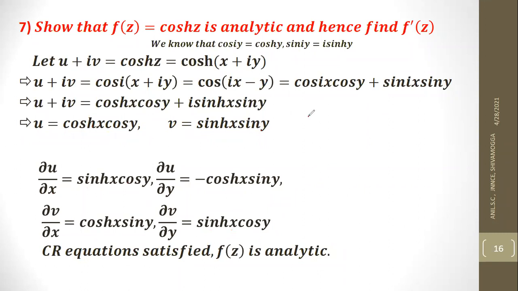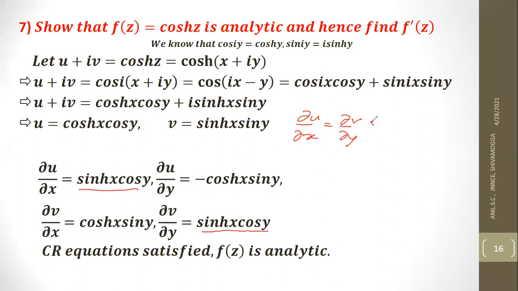What is the first CR equation? Del u by del x is equal to del v by del y. Verify whether this equation holds or not. Del u by del x is sin hx into cos y. Del v by del y is also sin hx into cos y.